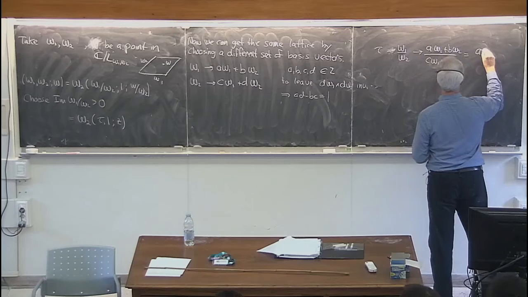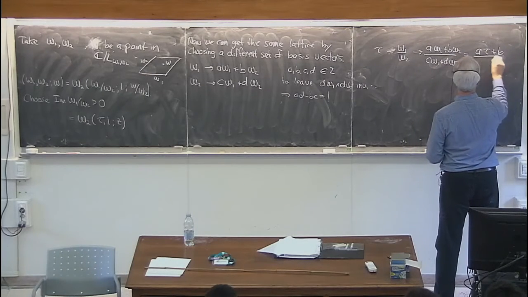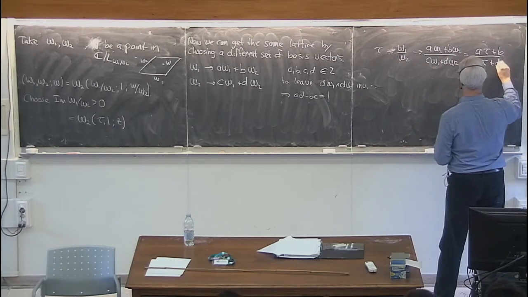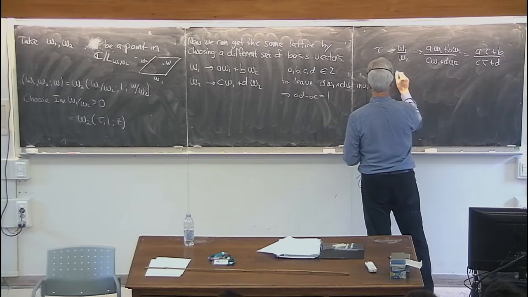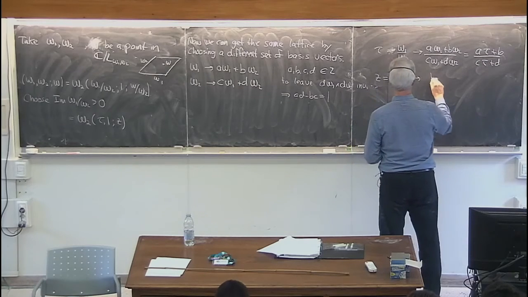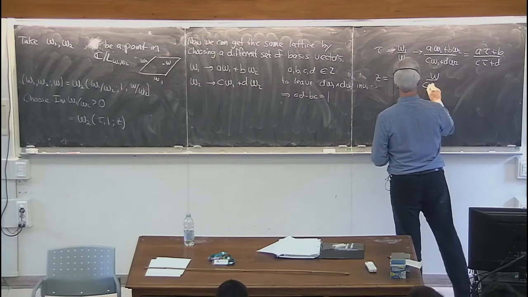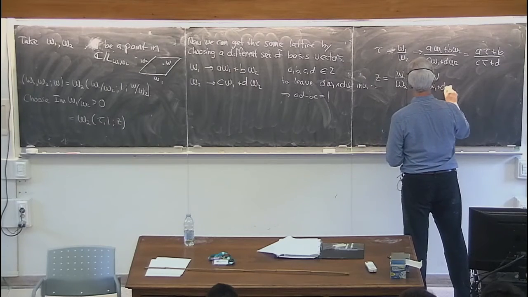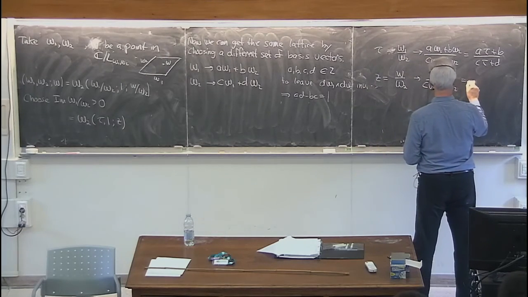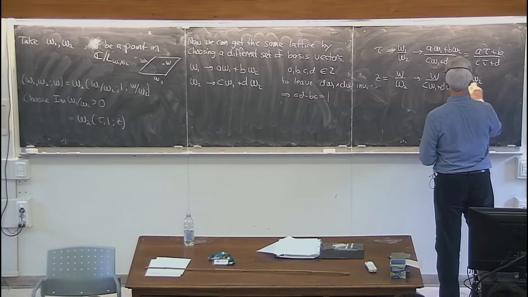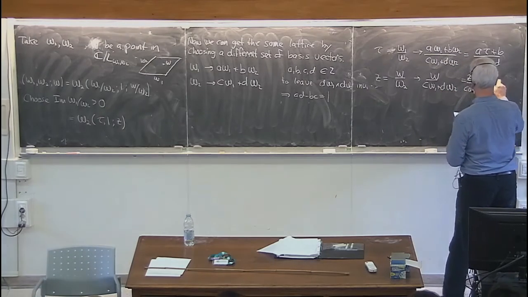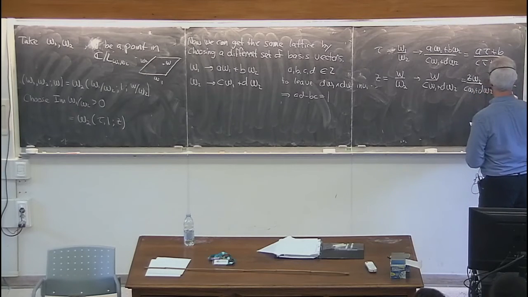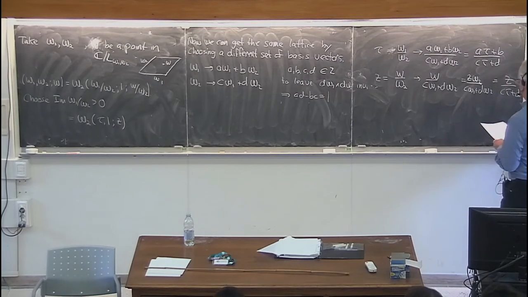But dividing by omega 2, that's just A tau plus B over C tau plus D. And z, which labeled a point w, rescaled by omega 2, goes to w over C omega 1 plus D omega 2. But that's z omega 2 over this, which is simply z over C tau plus D.